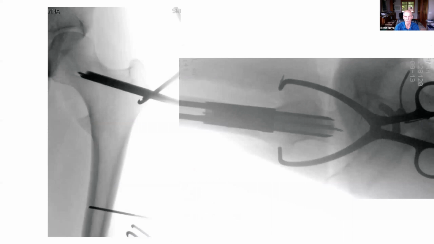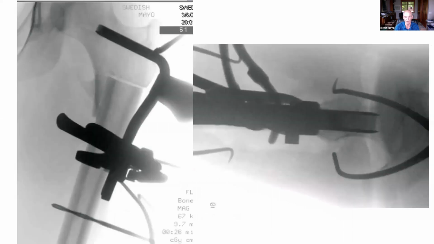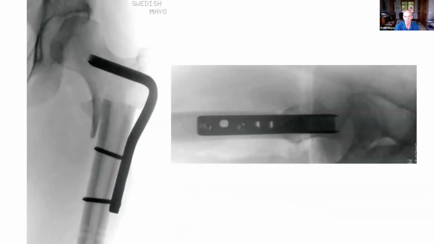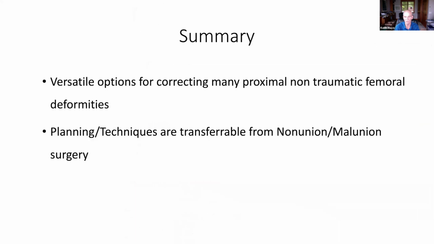And so this is the execution with the seating chisel in place, and then shortening, and then after tensioning and one screw, and then final position with a well-aligned canal for any subsequent procedures.